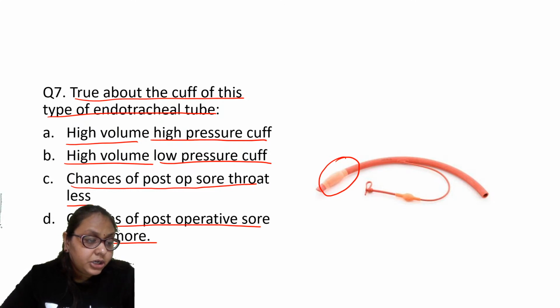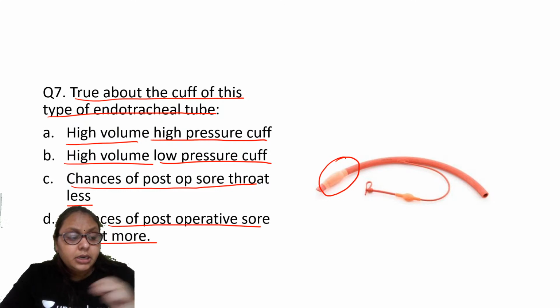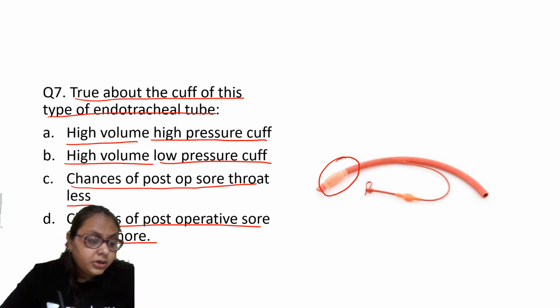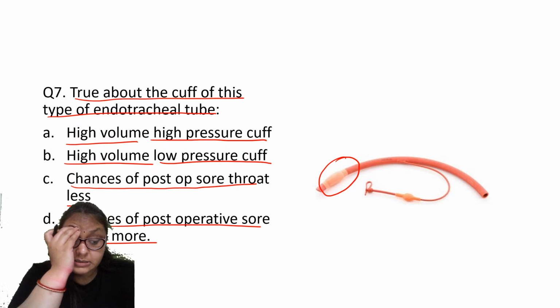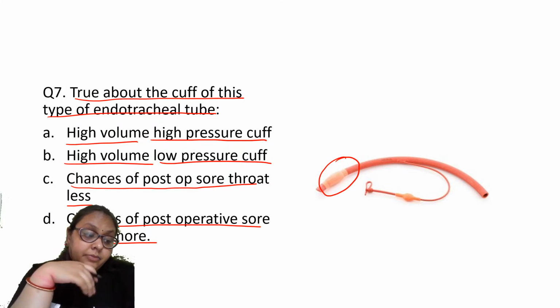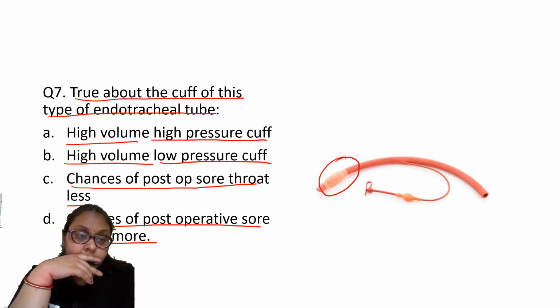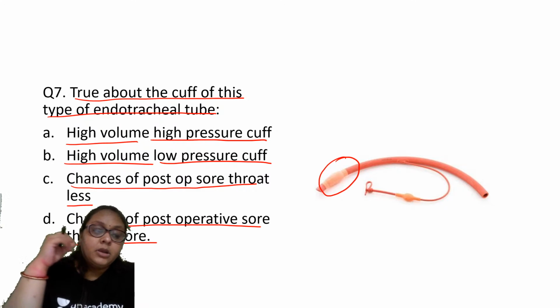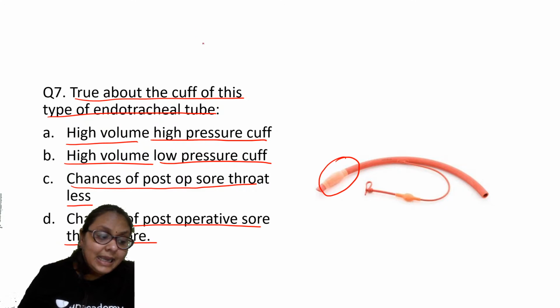Did you identify the tube? What should be the answer for this, Dr. Kunal? Dr. Piyush, what should be the answer? Which is this tube? Okay, Dr. Piyush is telling A. What about Dr. Kunal?